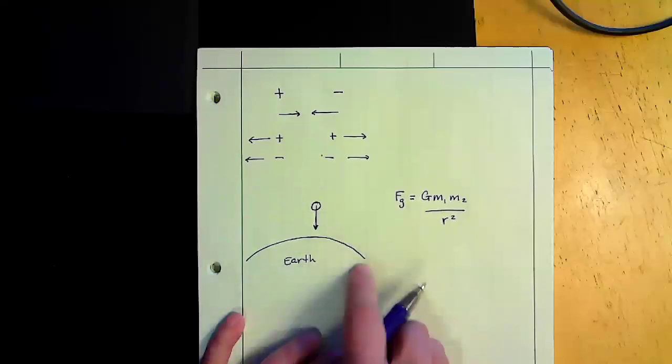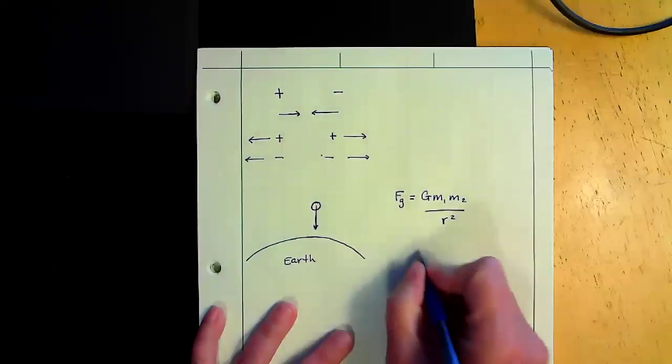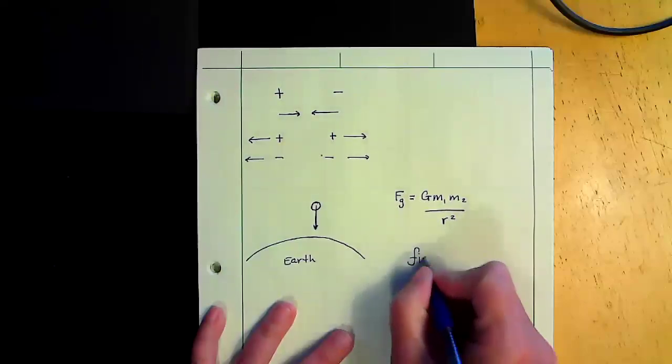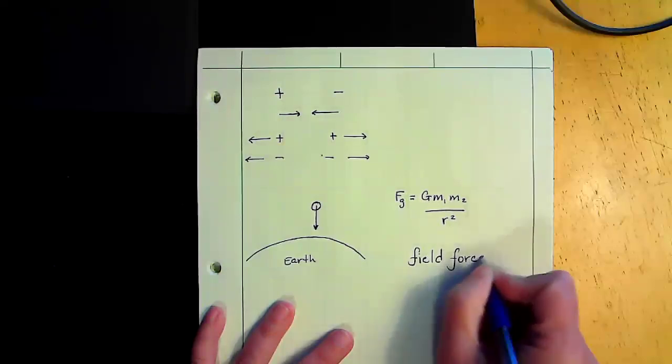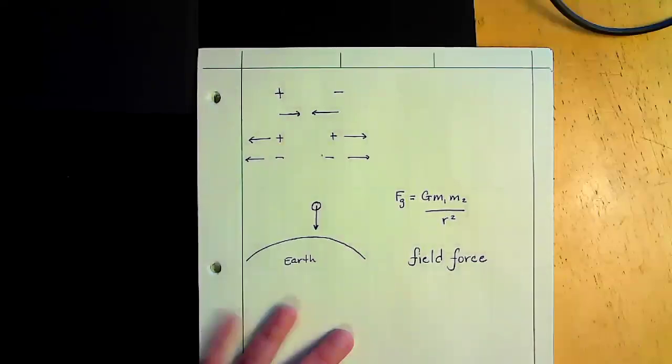And when we deal with this, we can look at what we call a field force. So anywhere that I'm on Earth, that field force is going to draw my object towards the Earth, and we've got that taken care of.